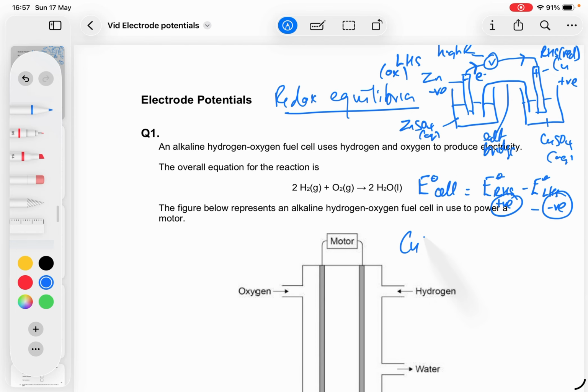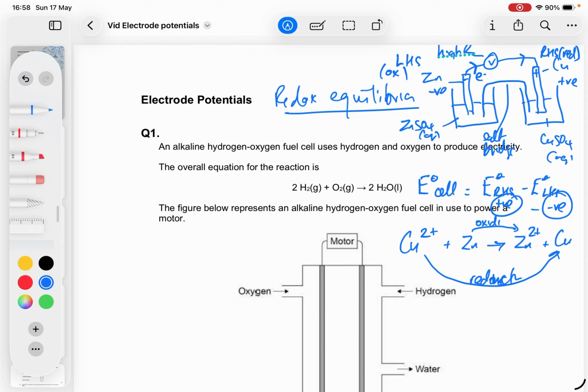So copper 2+ reacts with zinc to produce zinc 2+ and copper. Copper 2+ is reduction, remember, because reduction happens on the right hand side, and zinc is getting oxidized. Zinc is your reducing agent. It reduces copper 2+ to copper.